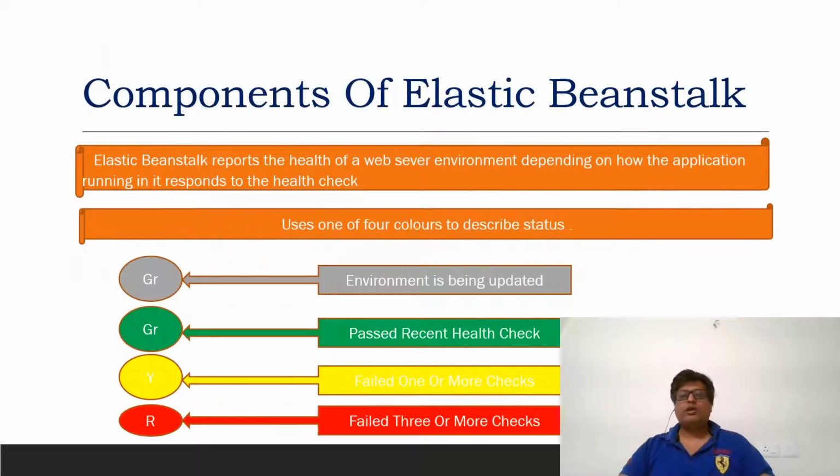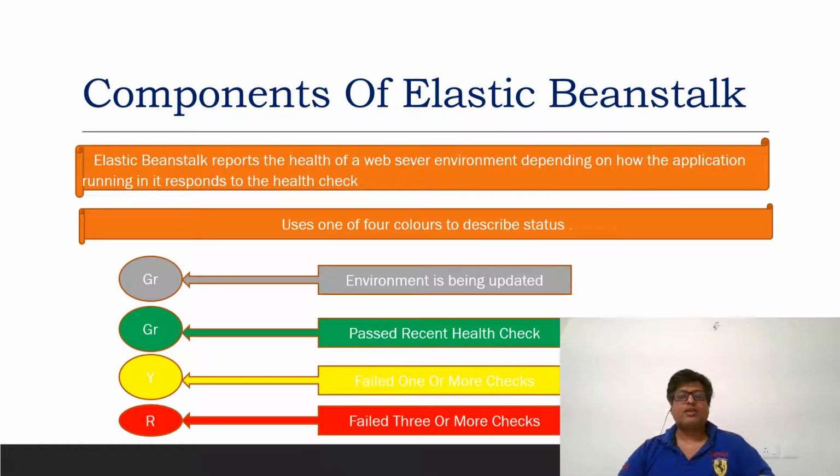There are various components when we see the health check. If it's a gray sign, then the environment is being updated. If it's a green sign, then it passed the recent health check. If it's yellow, it means it failed one or more checks, and if it's red, then it failed three or more checks.